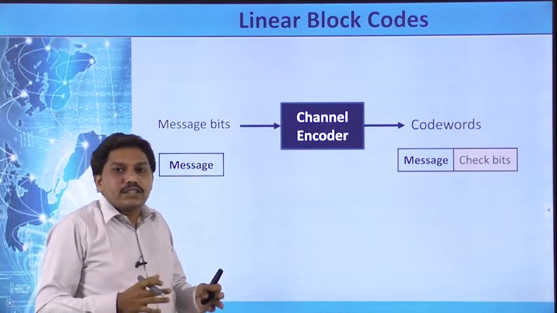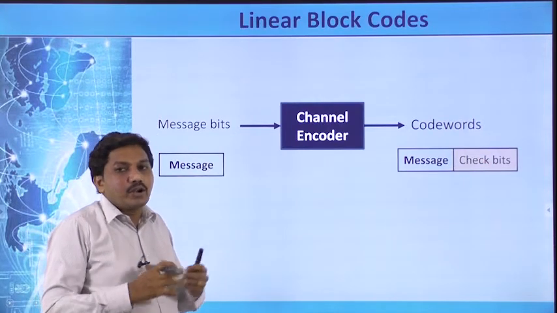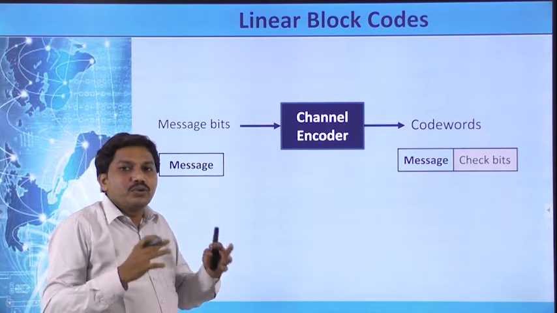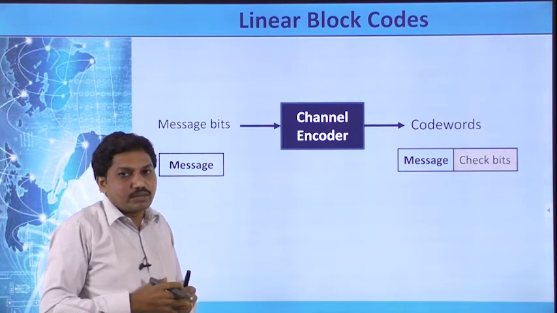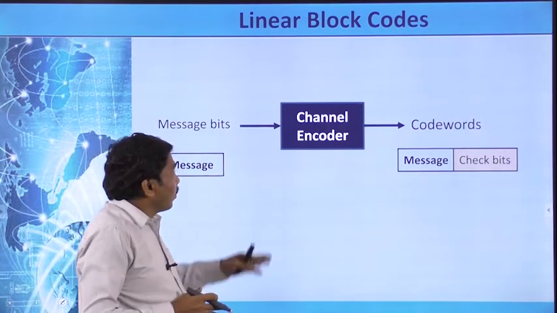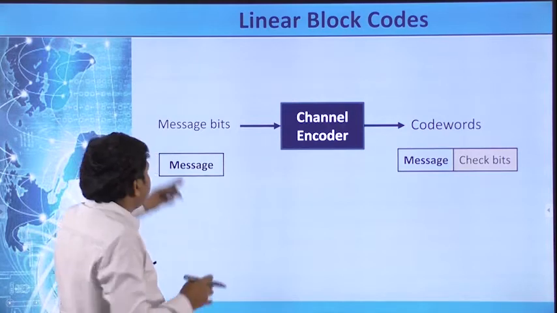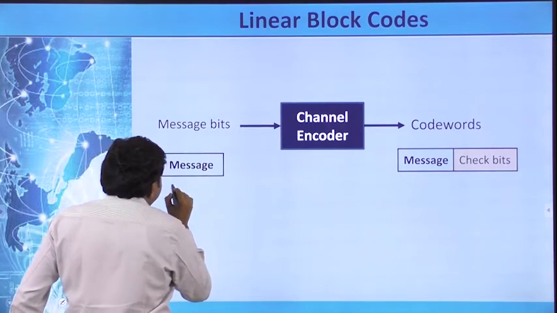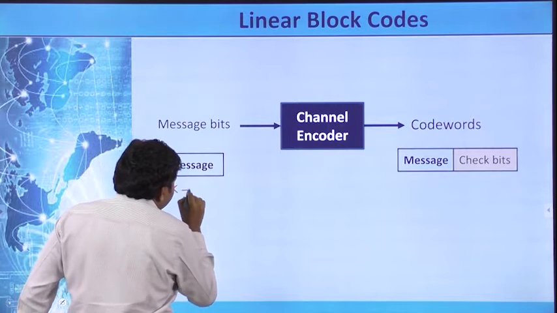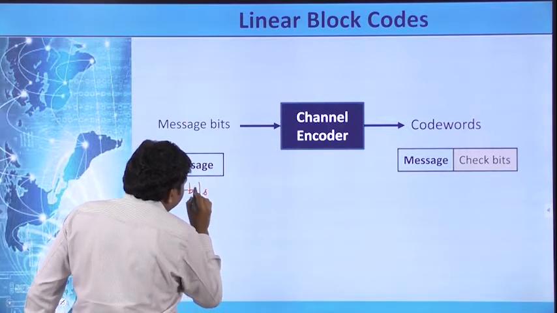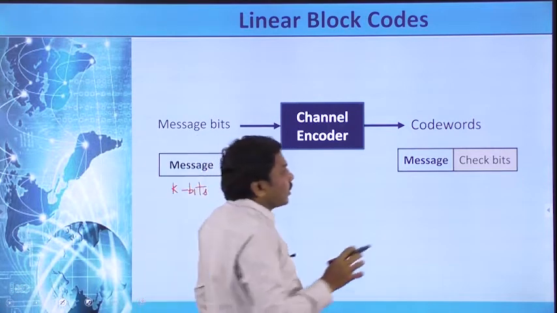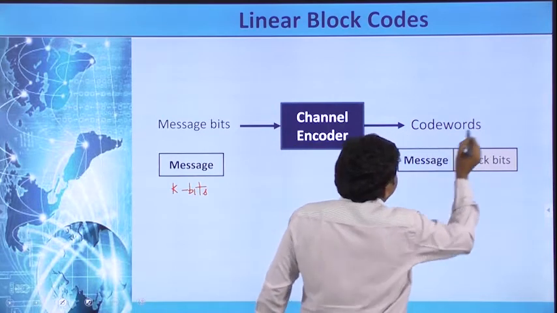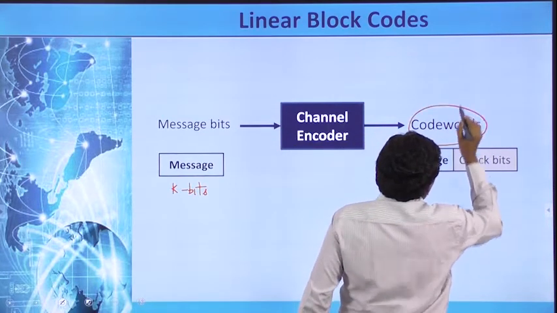So let us discuss the details of linear block codes, and we want to do some mathematical representation. Look at the channel encoder. The input of the channel encoder is message bits. The length of the message is k bits. The output of the channel encoder is called the code word. The length of the code word is n bits.